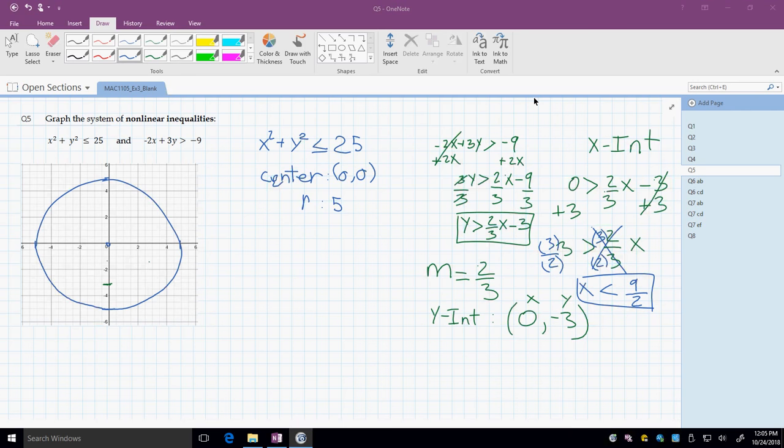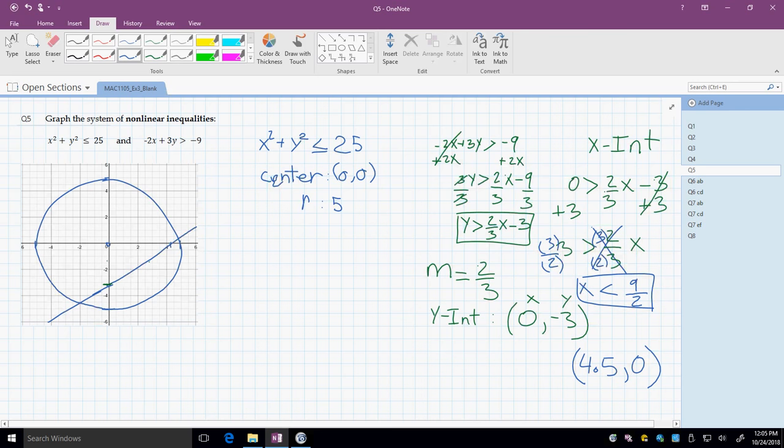My x-intercept is going to be 4.5. It's easier to graph the decimals. So that's another point that I have, 4.5, around here. If I connect all these points, that's it.